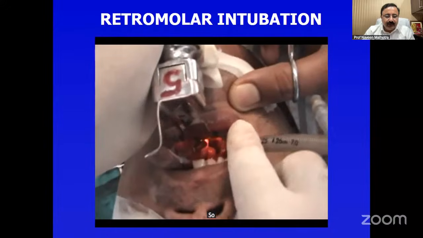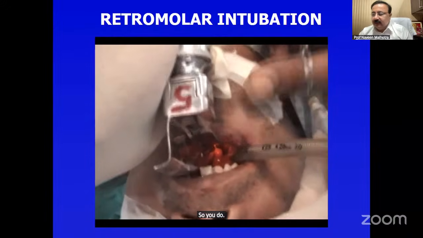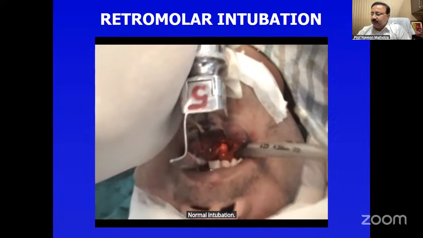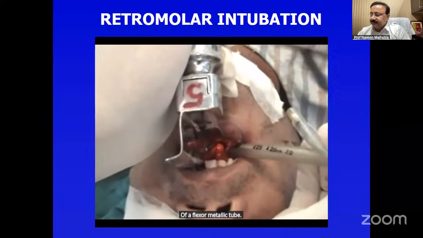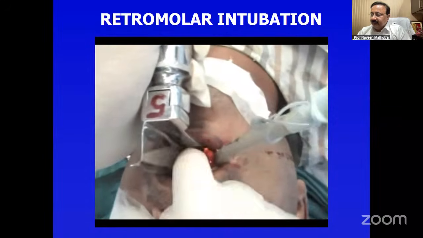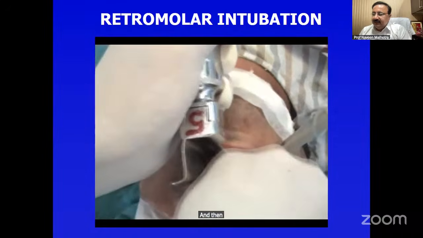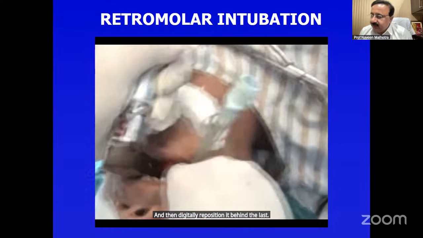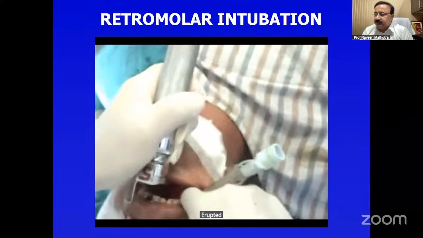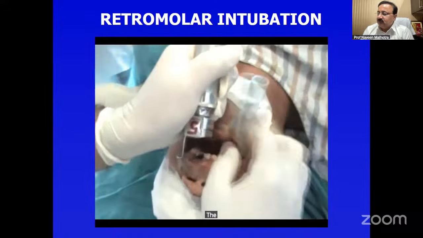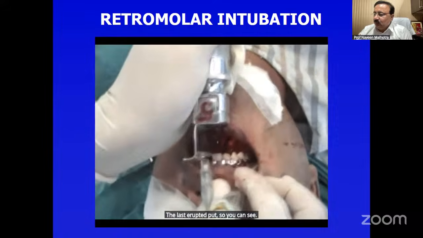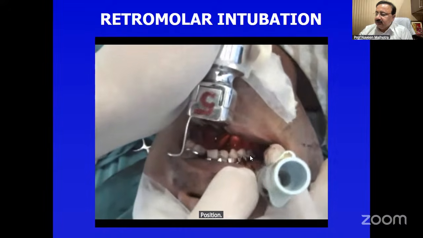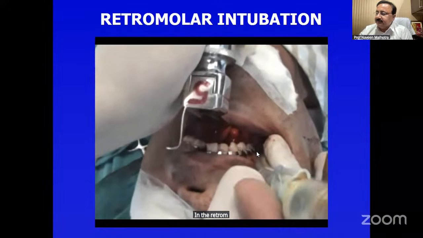So you do a normal intubation of a flexometallic tube and then digitally reposition it behind the last erupted molar or premolar tooth. The last erupted tooth. So you can see the tube is now positioned in the retromolar region.